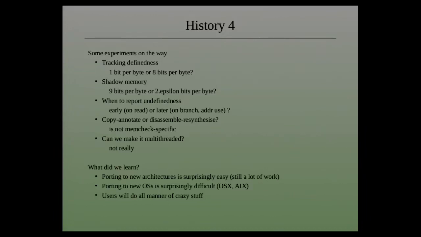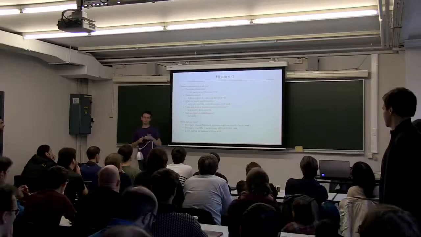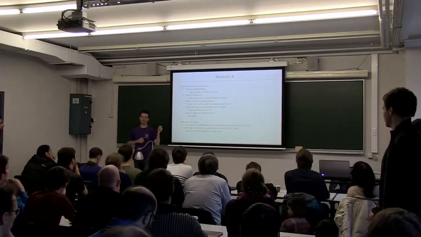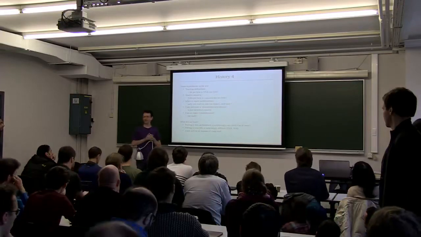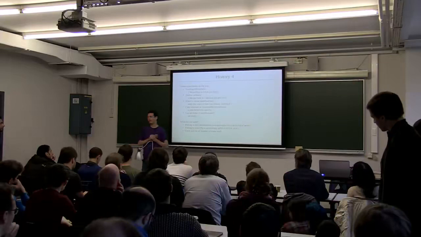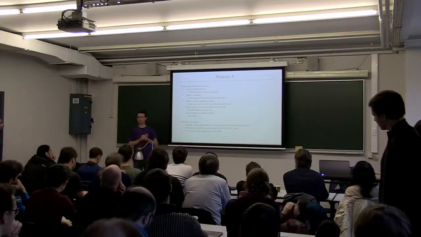So along the way for Memcheck, we experimented with some basic design decisions. One of the basic design decisions is that we are tracking undefinedness. Should we represent the undefinedness of each byte with 1 bit or 8 bits? Tracking it with just 1 bit per byte is kind of attractive because there's much less data to store. But what it means is that you cannot ever accurately deal with code which does bit fields.